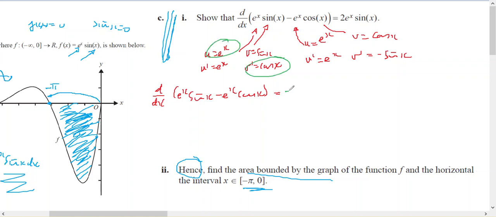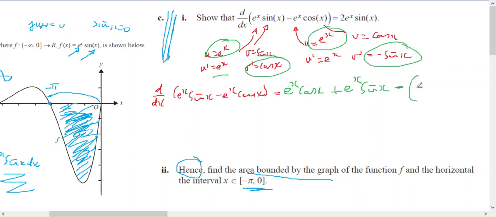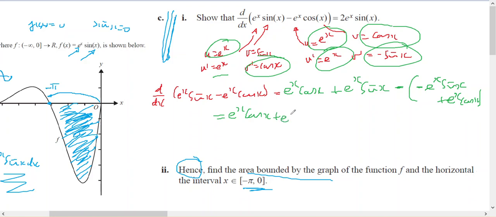this times this, e to the x cos of x, plus this times this, e to the x sine of x, minus e to the x negative sine of x, plus this times this, e to the x cos of x, which gives me e to the x cos of x plus e to the x sine of x, minus minus plus e to the x sine of x, minus plus minus e to the x cos of x.